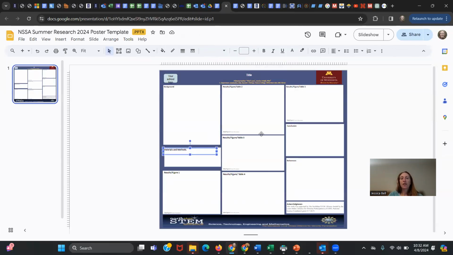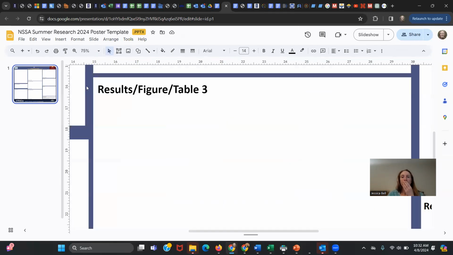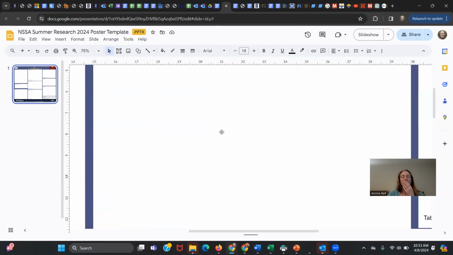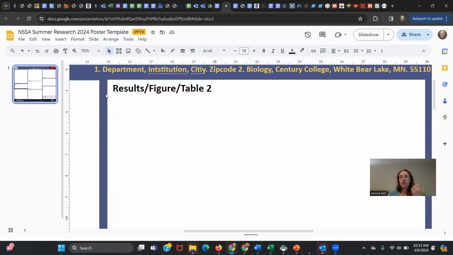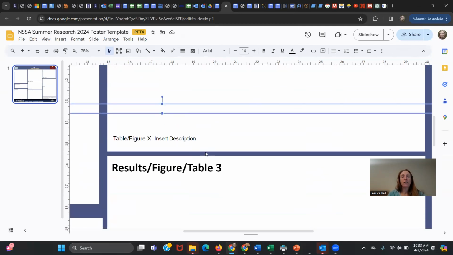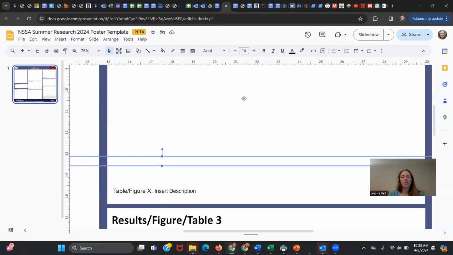All right. You're going to put 4 to 5 figures, okay? And each of those figures, and now I'm going to zoom back in. All right. Each of those figures will have like a title, okay? And this might, you can adjust that. Then you'll have the figure itself, so you have space for that.